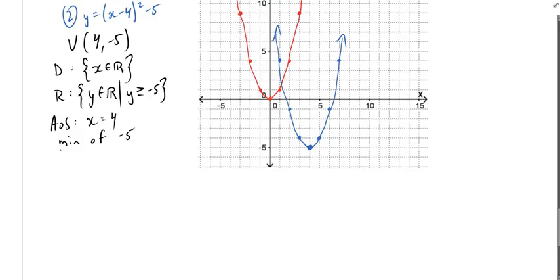Optimal value, I got minimum, but direction of opening, it opens up. Oh, and the growth pattern. So it goes over 1, up 1, over 2, up 4, over 3, up 9. Any questions?